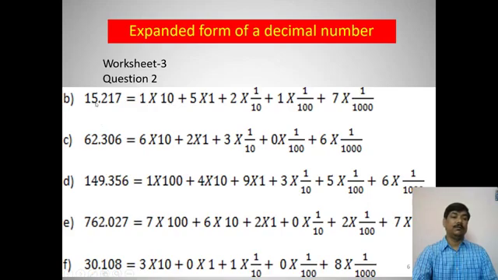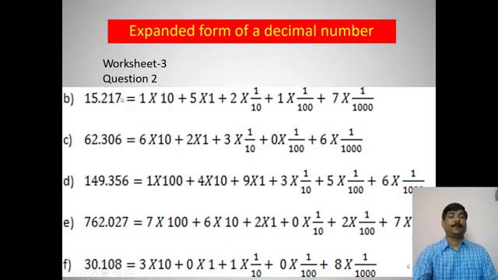What is the place value of 5? 5 is at the 1st place, so we will multiply by 1. What is the place value of 2? 2 is at the 10th place, so we will multiply 2 by 1 upon 10. 1 is at the 100th place, so it will be multiplied by 1 upon 100.